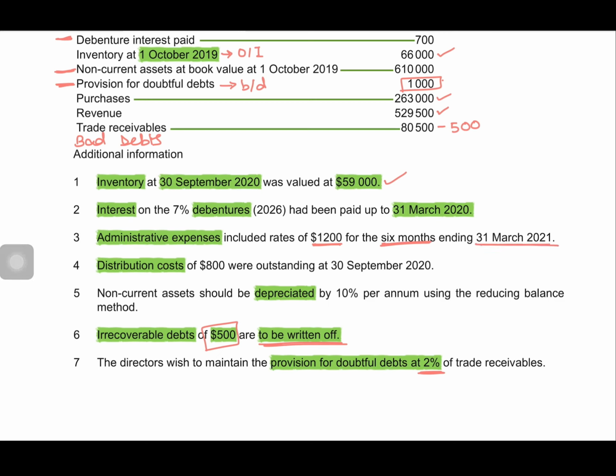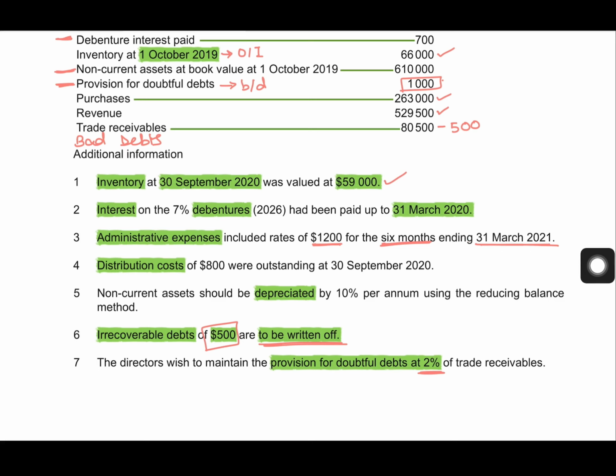We know that the year end is 30th September 2020, so all the incomes and all the expenses up till this month, 30th September 2020, will be taken in the income statement, and any expenses beyond this month, for instance October 2020 and onwards, will not become part of our income statement, right?